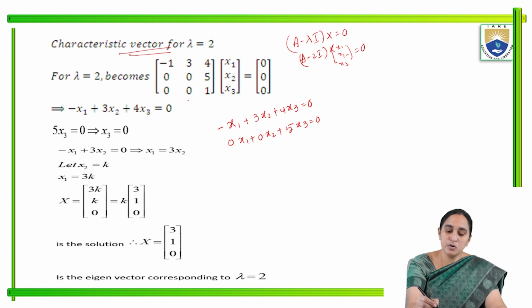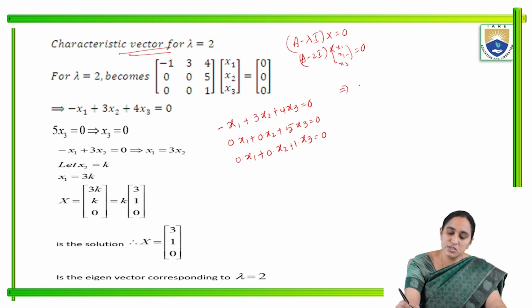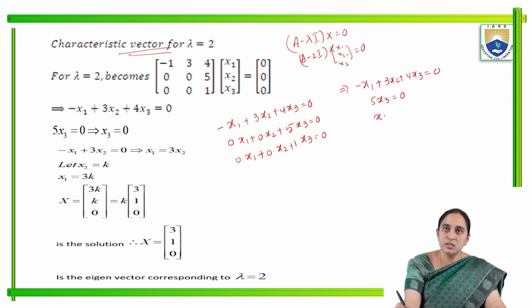And the third row multiplied with the column, that is 0 into x1 plus 0 into x2 plus 1 into x3 is equal to 0. From that, what equations are we getting? First equation, minus x1 plus 3x2 plus 4x3 is equal to 0. Second equation, 5x3 is equal to 0. And the third equation, x3 is equal to 0.